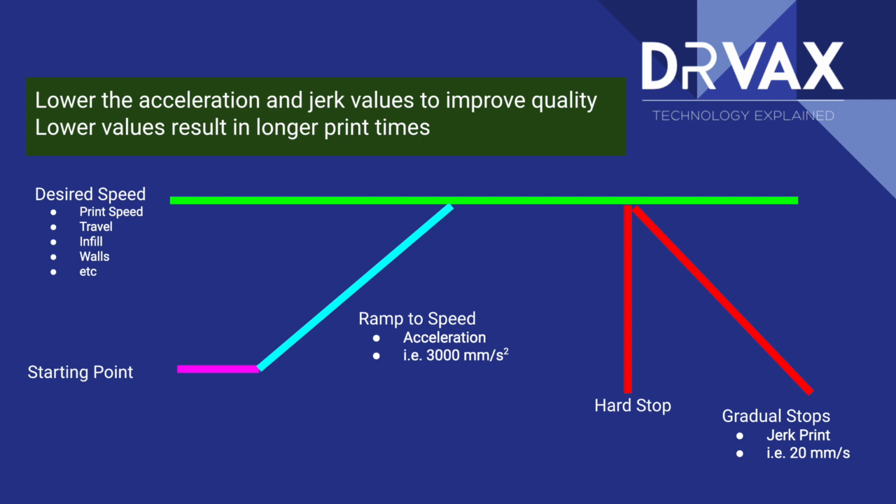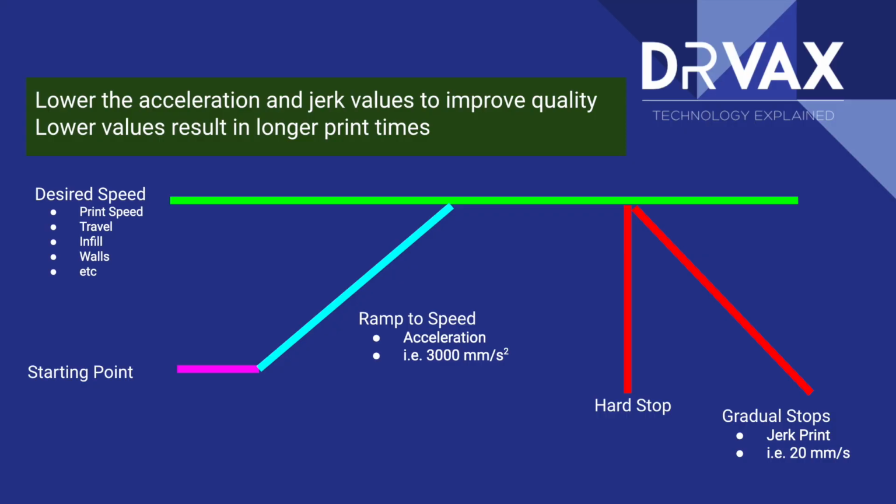When you're moving your printhead, it has to reach that speed. The rate at which it attempts to reach that speed is called acceleration. We're accelerating at 300 millimeters per second. The faster you ask your printer to accelerate, the more it'll bounce around on the table, and potentially, the less accurate and reliable your print will be.